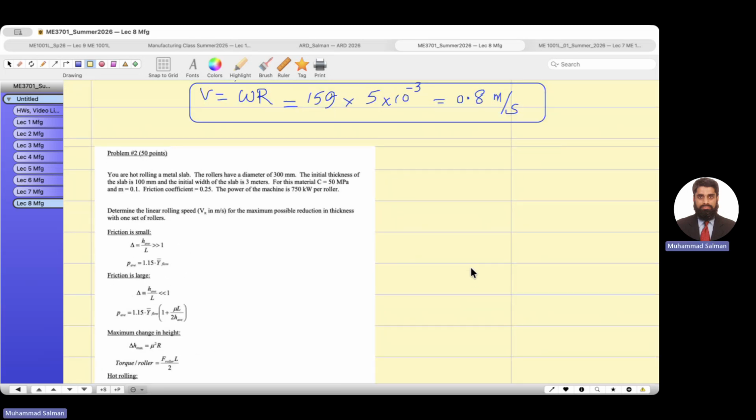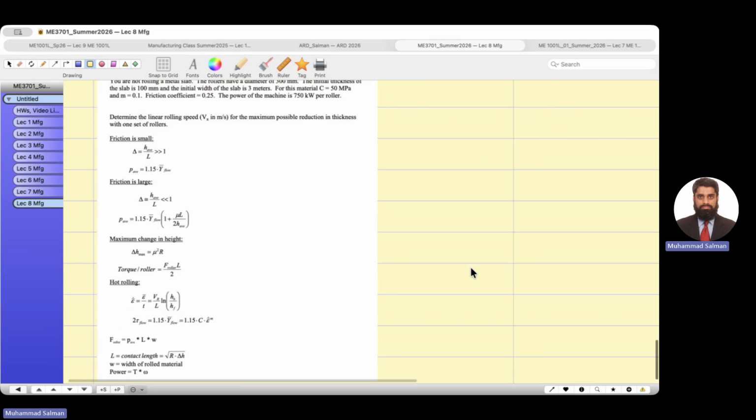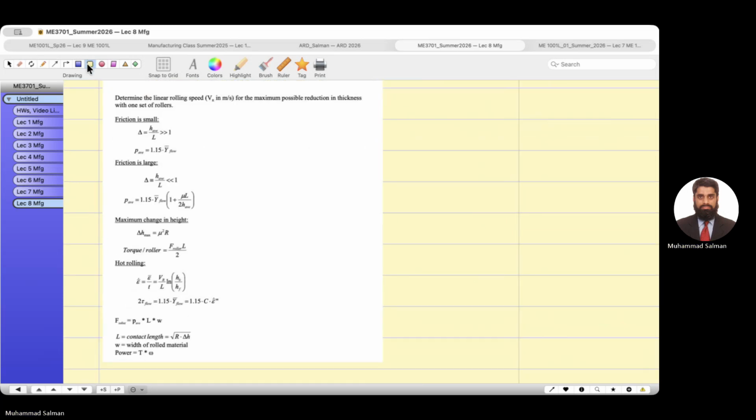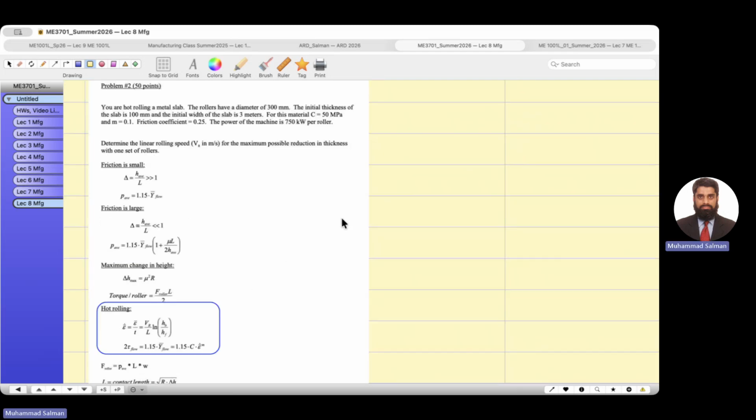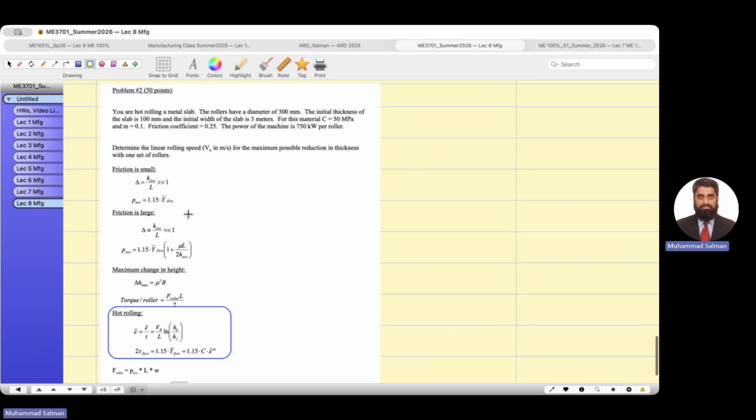You are hot rolling a metal slab, and you see this is the formula. Hot rolling formula. Okay, now let's first of all find out whether it's a large friction. When it is a large friction, you have a large roller because arc length, if it is very, very big, it has a larger contact.